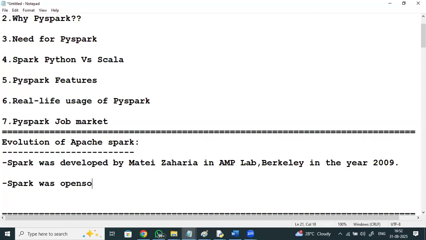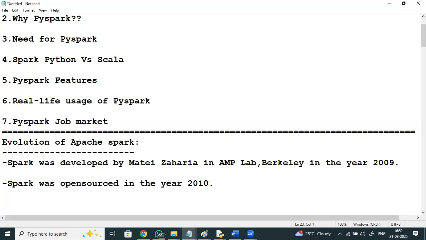Spark was open sourced in the year 2010.